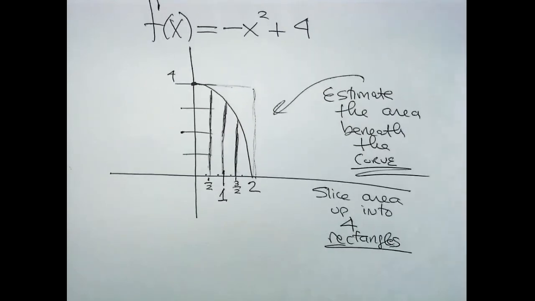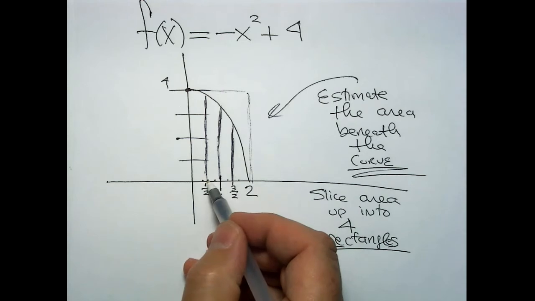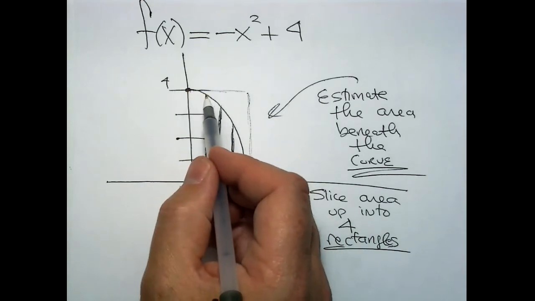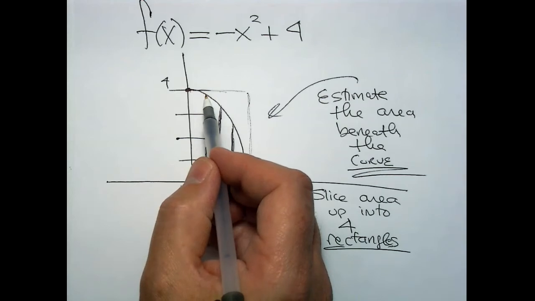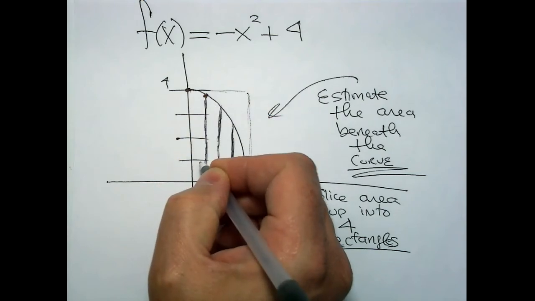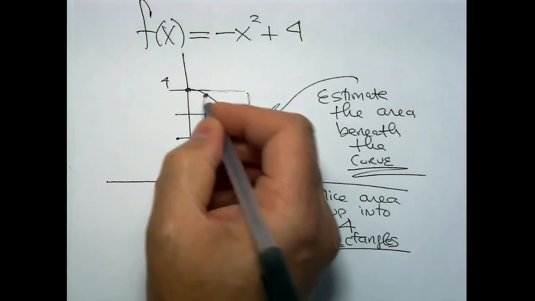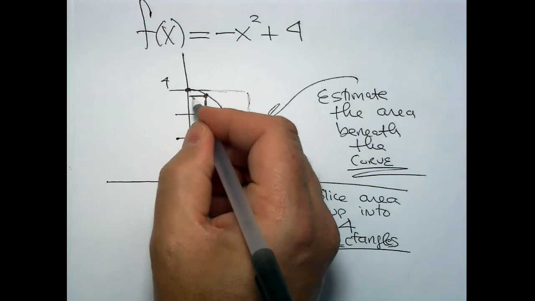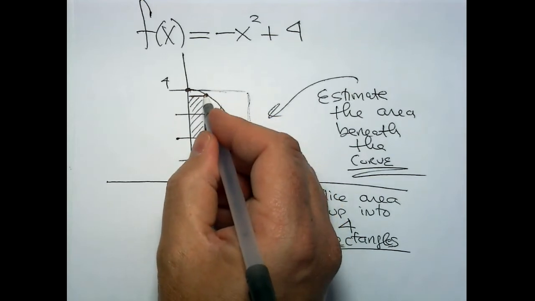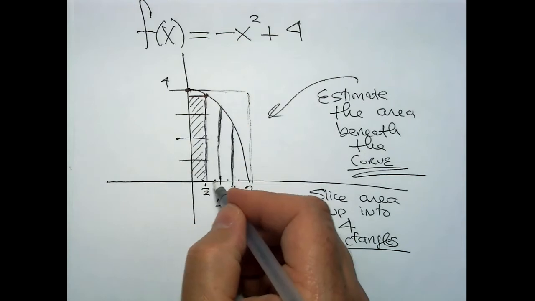Now, within each interval, it really depends on which endpoint you pick as the y value for your rectangle. You could very well pick the rightmost endpoint for the y value of this rectangle. If you do, you have just created this rectangle. Once you decide on picking the right endpoint, let's do that for all of them.